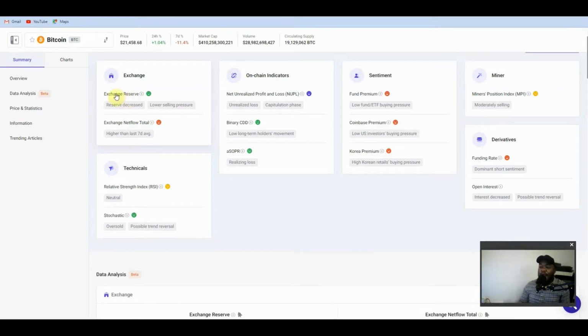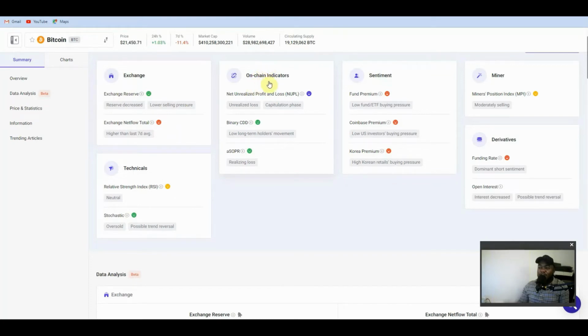Now here we are going to see the exchange reserve, and how many percent of exchange reserve. Reserve decrease, lower selling pressure. Now this is giving you what is happening generally in the market, overall, in the whole exchange. All this information is what is showing on this site.